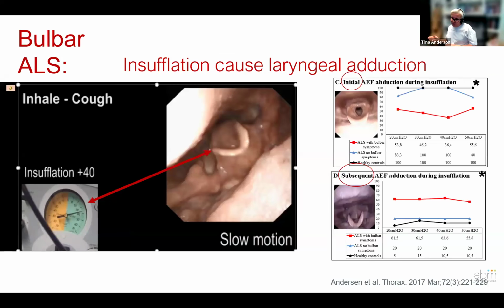And this response, when we, in addition to Inger, examined several ALS patients, we saw that this response happened either initially as soon as we switched to the positive pressure or during the 2 seconds of inspiration.